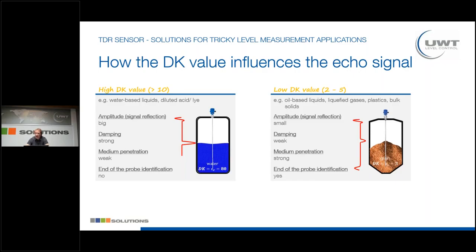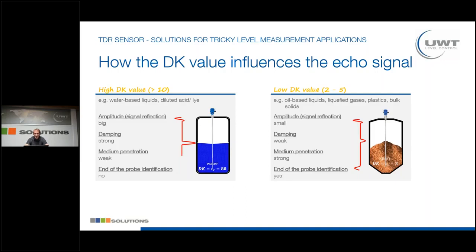On the other hand, when we have a medium with a low decay value, like most of the bulk solids or plastics and oil-based liquids, the amplitude of the signal reflection is small because less energy is reflected, and the medium penetration is strong because the microwave can penetrate materials with low decay value very, very easily, and it also reaches the end of the probe.